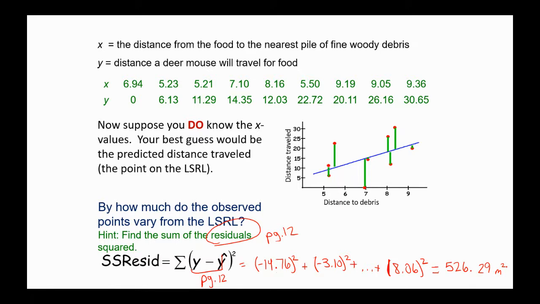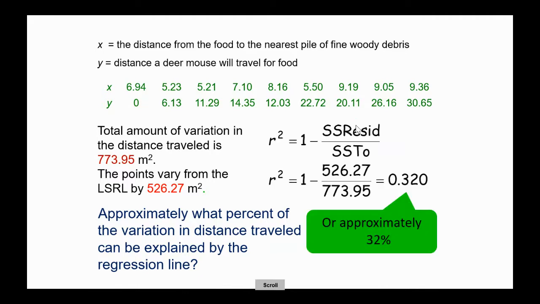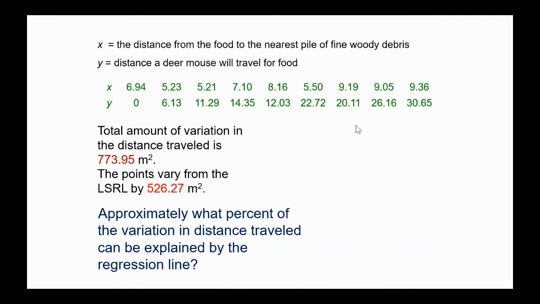So now let's use the residual sum of squares and the total sum of squares to find our coefficient of determination, r squared. And this will tell us the percent of the variation that's explained by the line. Let's write our formula.